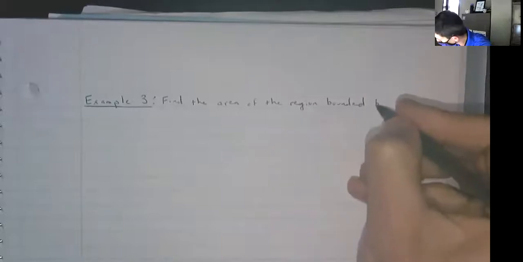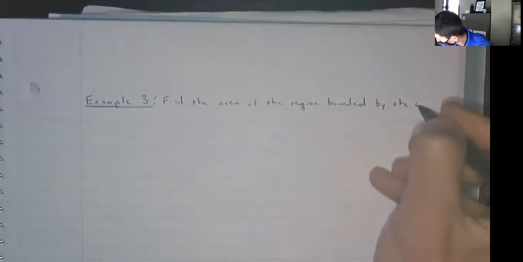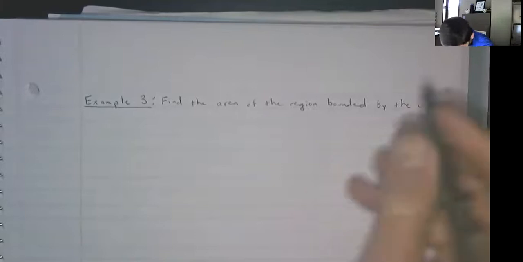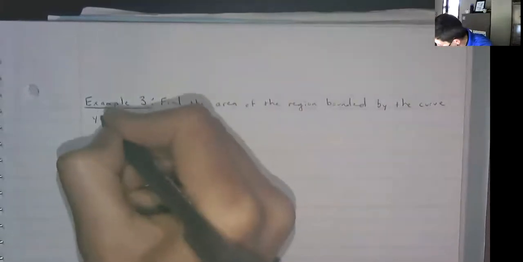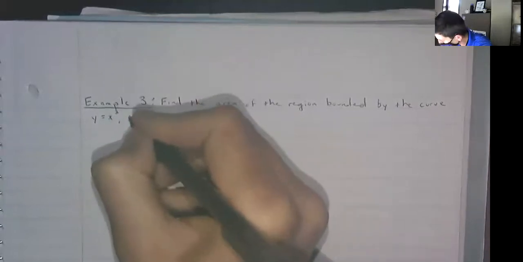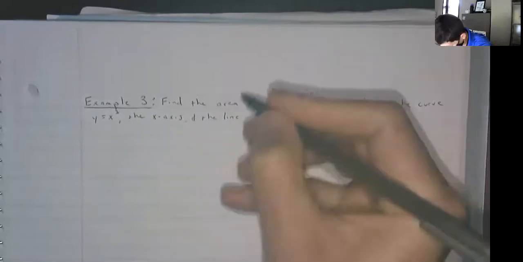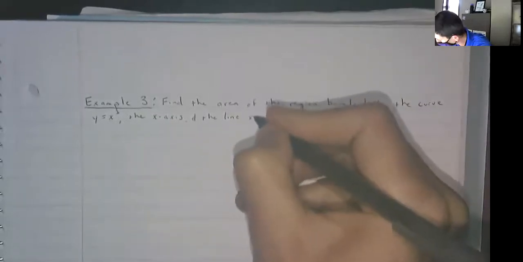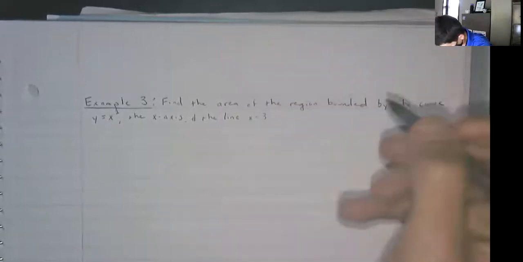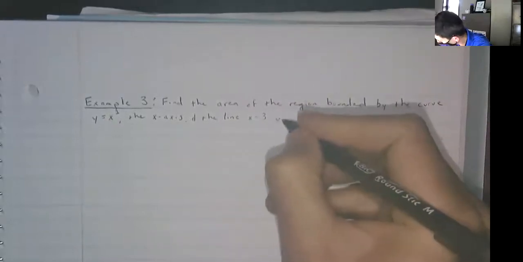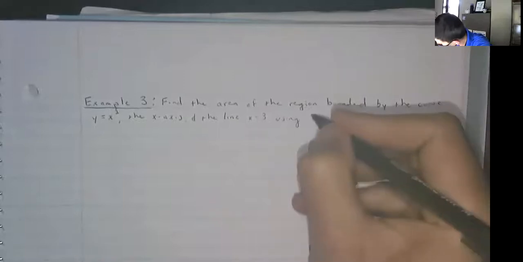By the curve y equals x squared, the x-axis, and the line x equals 3, using inscribed rectangles.